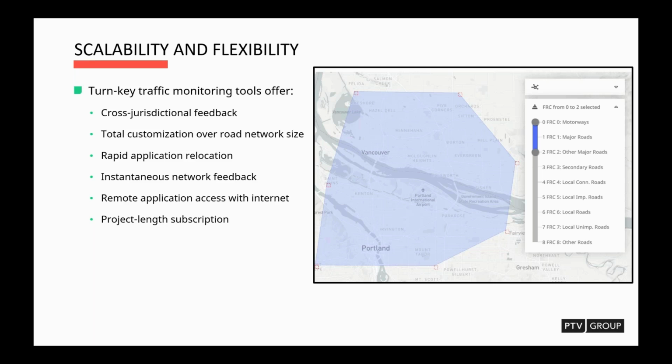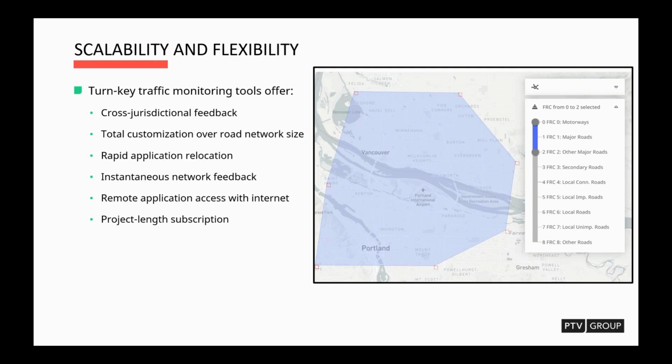There is rapid application relocation. So essentially what that means is if you've set up here in Portland and Vancouver and you've created the shape of the geographic region that you want to study, and maybe over time you're less concerned with downtown Vancouver or some of the neighborhoods and regions in Vancouver. Well, as it is simple to create this geographic region, it is a simple process to also adjust it.